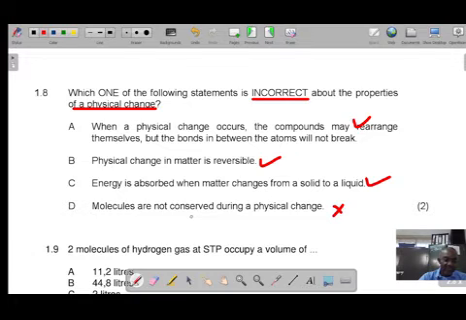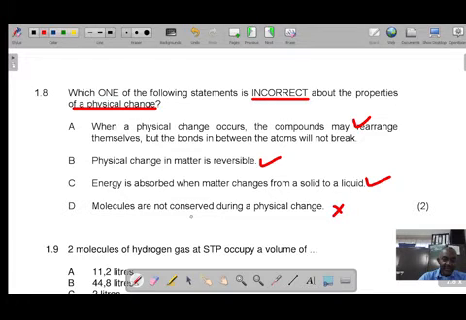For example, if you have water and put it in a cup and then put it in a freezer, it's going to convert from liquid water to ice, or to solid. That's a phase change, which is a physical change.